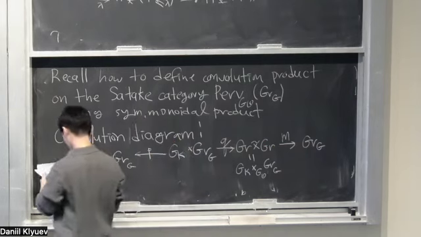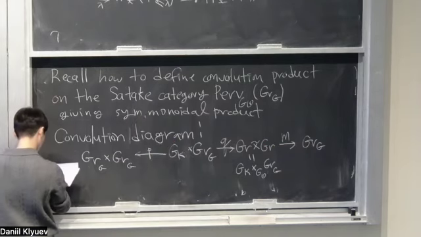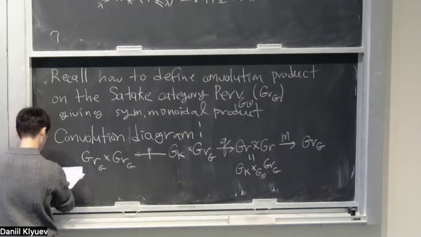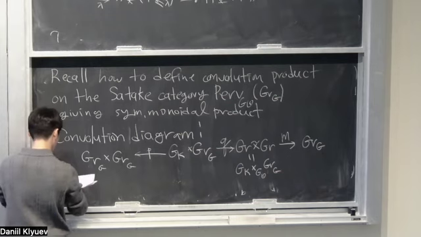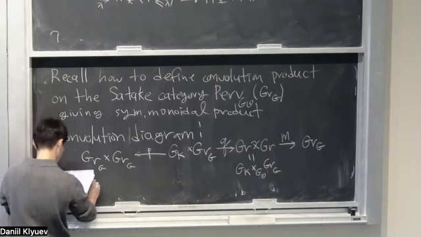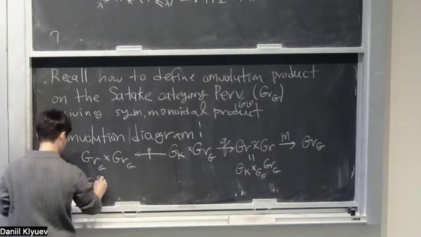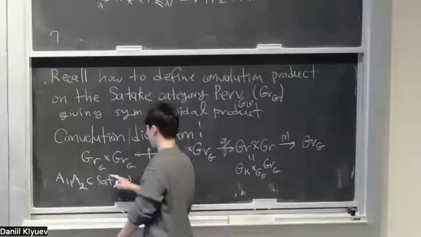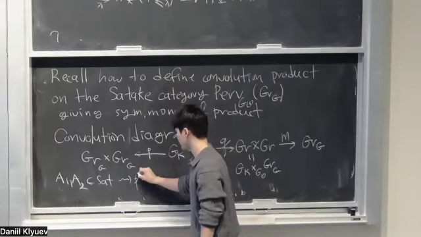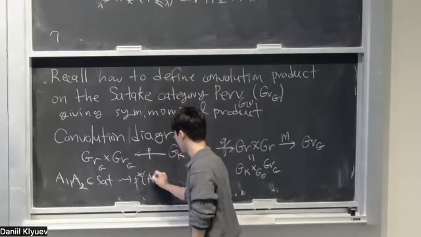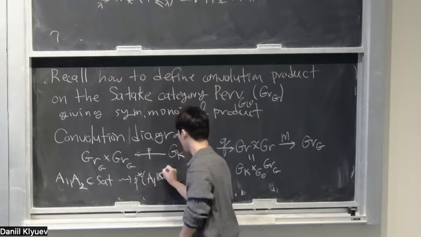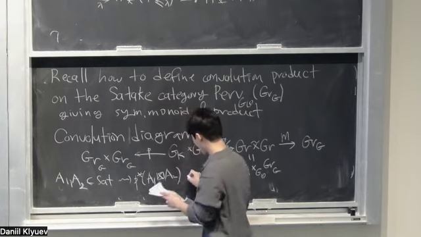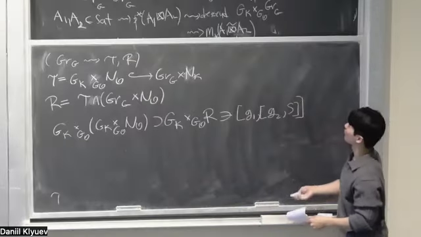And then the construction is that if you have A1, A2 in the Satake category, what you do is you pull back A1 and A2.